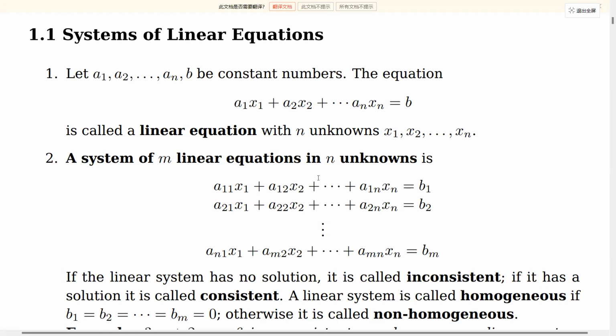So you've got x1, x2 up to xn. Those are the variables, the unknowns you need to solve, and you have m equations. The number of equations and the number of variables are not necessarily the same.